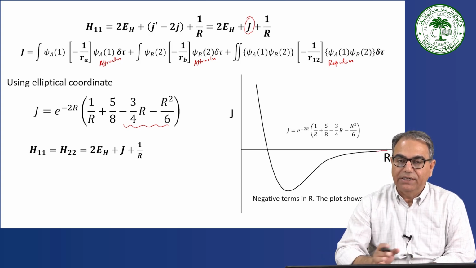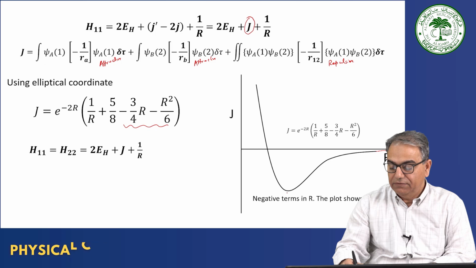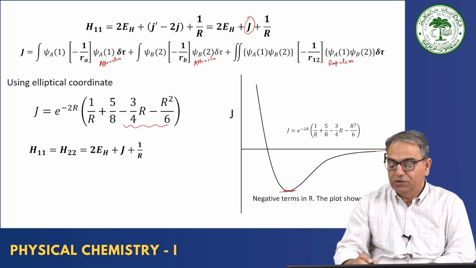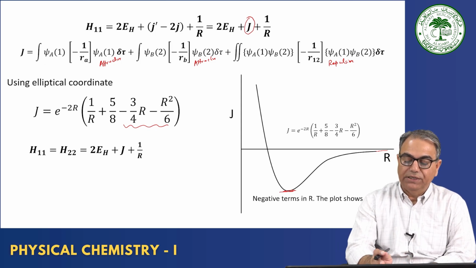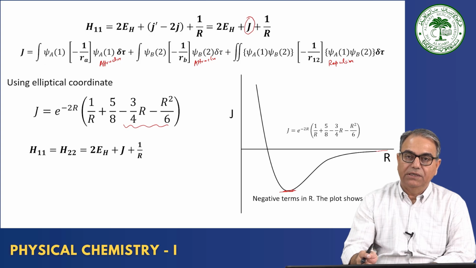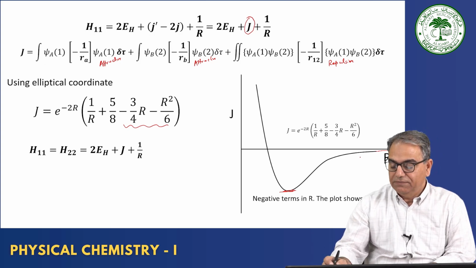And as the value of r decreases, the function dips, and it has a minima. It's a negative term in r, so it shows a minima. And then again, for smaller values of r, there is a sharp rise in the J value. So with increasing r, the J value decreases, reaches a minima, and again rises.